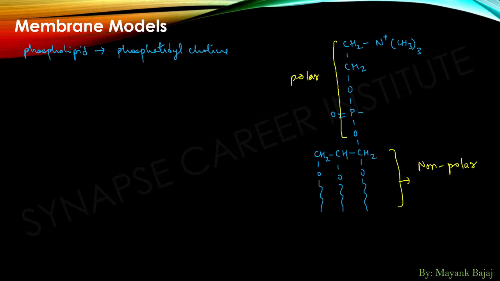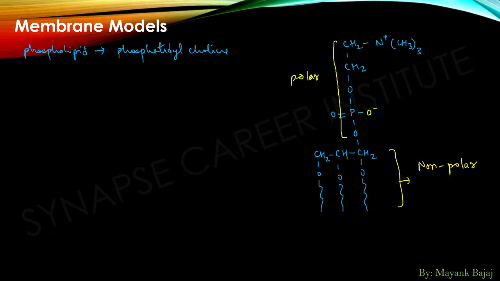Because it has some charges in it, positive charge and negative charge here. So we have a polar portion as well as a non-polar side. So this is about the Irving-Langmuir model, which proposed the amphipathic nature of the molecule.